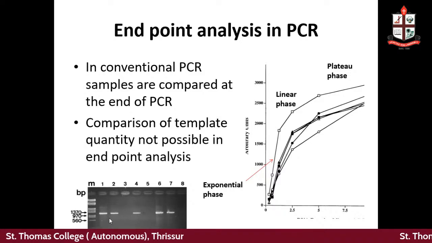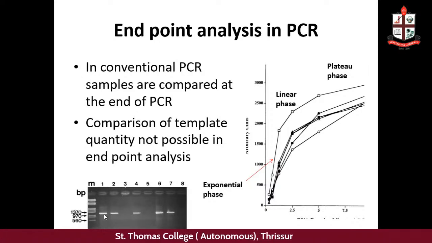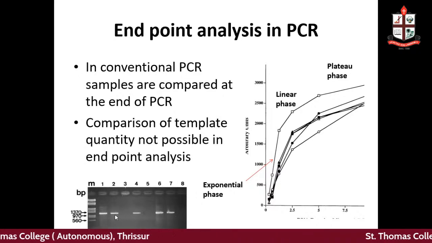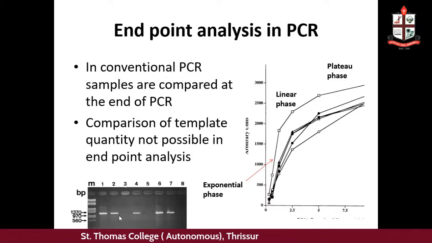But we will not be able to make a quantitative inference, like whether the gene copy number in the second sample is more than that in one, or whether this is higher than the gene number in 4. That kind of quantitative inference cannot be made from PCR.